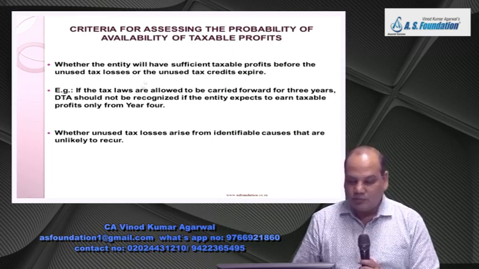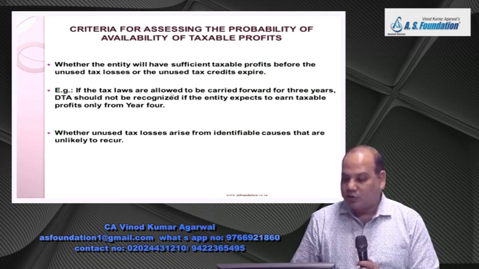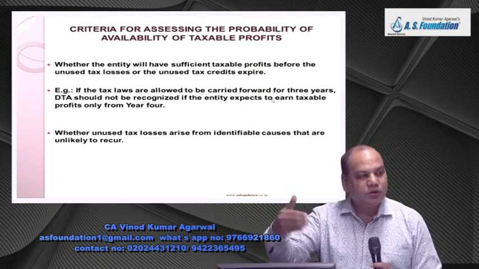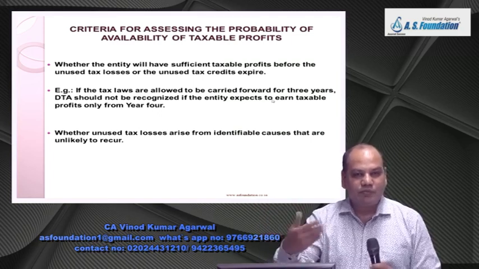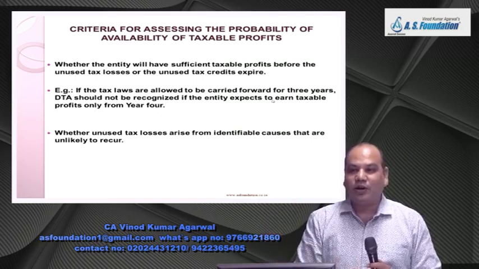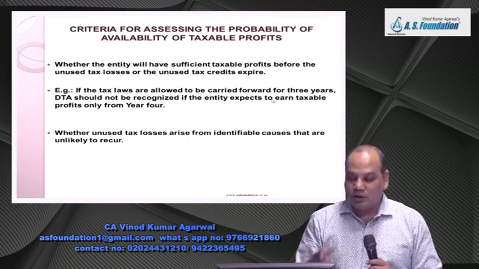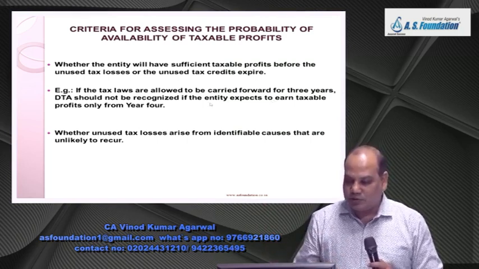Like for example, this good example here, it says suppose the tax laws allow you to carry forward the loss for 3 years only. Suppose tax law allows you to carry forward the loss for 3 years only for example purpose. In India, the tax losses can be carried forward for up to 8 years. Okay, you can put 8 years.